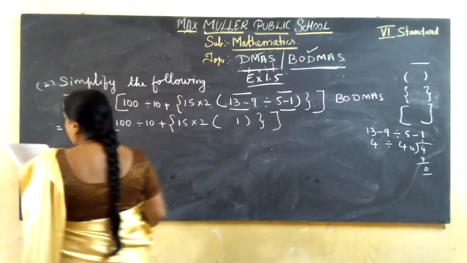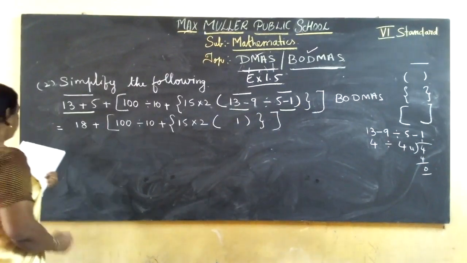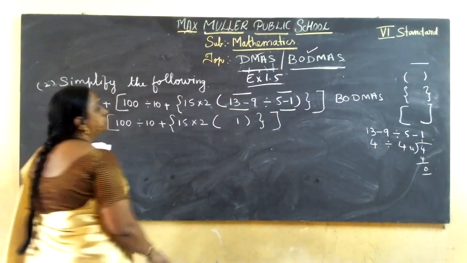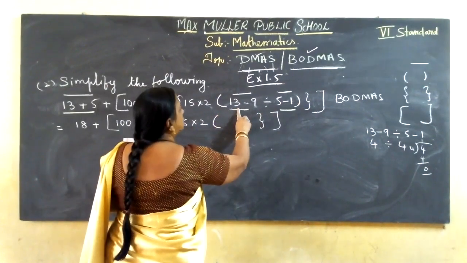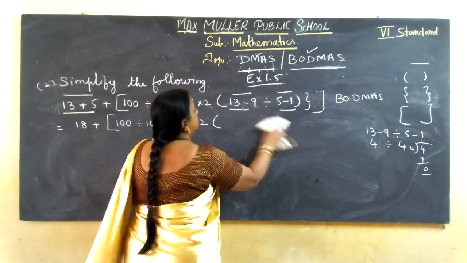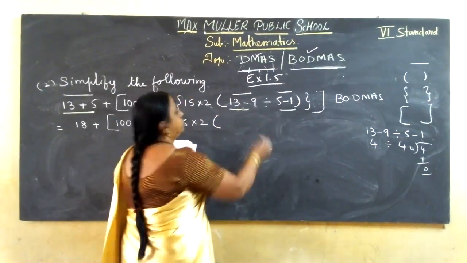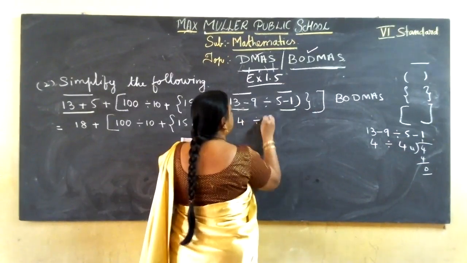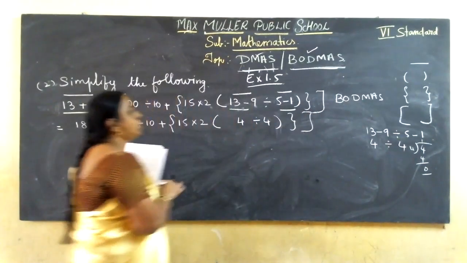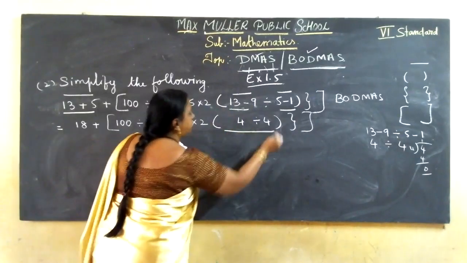Now next, which bracket should you solve? Only the bar we solve. Here, 4 divided by 4. Close this bracket. Now you should solve the curly bracket, from here to here.